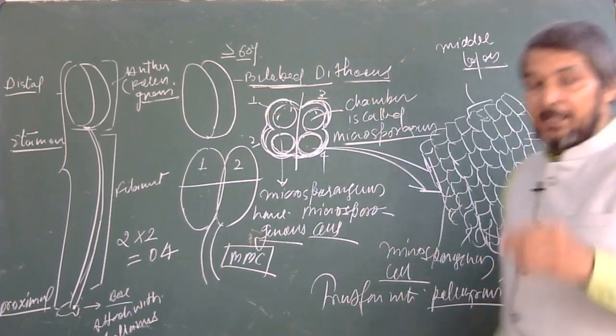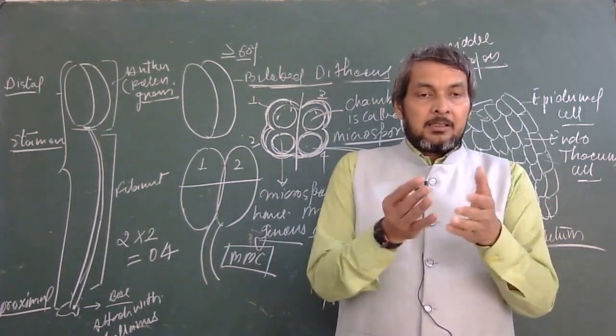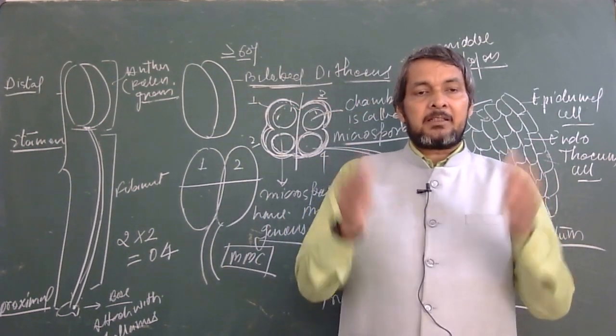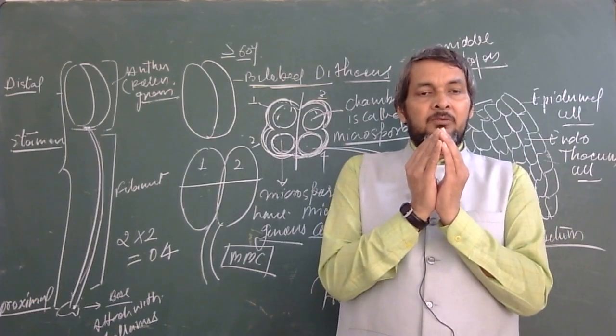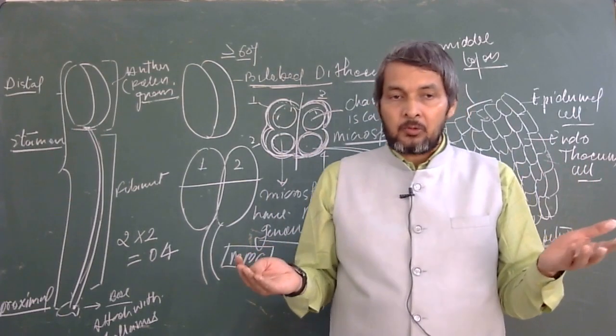They divide mitotically first and then meiotically. In one complete reduction division, 4 cells are formed and they remain attached together. This is known as the pollen grain tetrad, or tetrad of microspores.